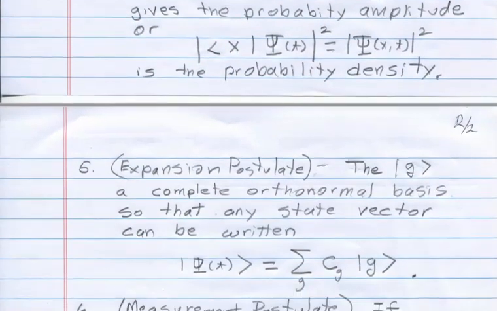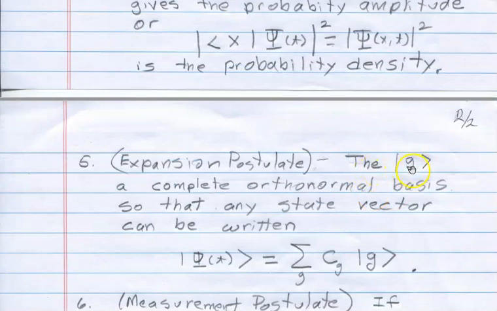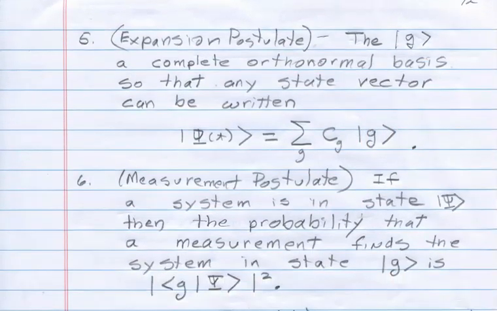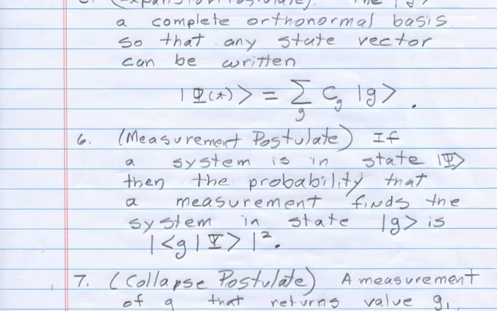And the expansion postulate says that the set over all g of all the eigenkets forms a complete orthonormal basis, so that any state vector can be written as an expansion in terms of that. These eigenkets are kind of like unit vectors, and this is like a vector over here, and then these would be the components in each one of these unit vector directions. So that's the expansion postulate. So any physical state of the system can be expanded on that basis set.